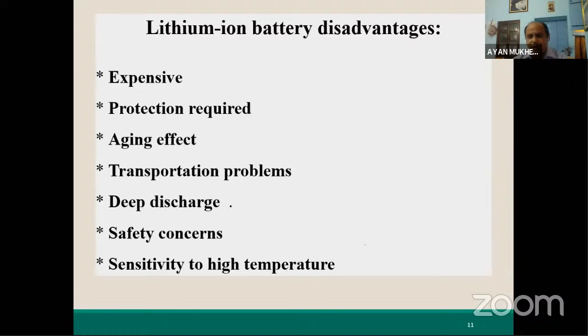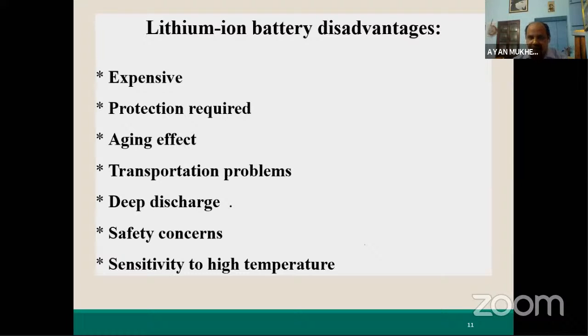Several times we have heard from newspapers and different social sites that there is an explosion in some devices which use a lithium ion battery, because in that case the protection circuit is either not stable or not working at that time. The aging effect is also very much responsible for degrading of a lithium ion battery with time.